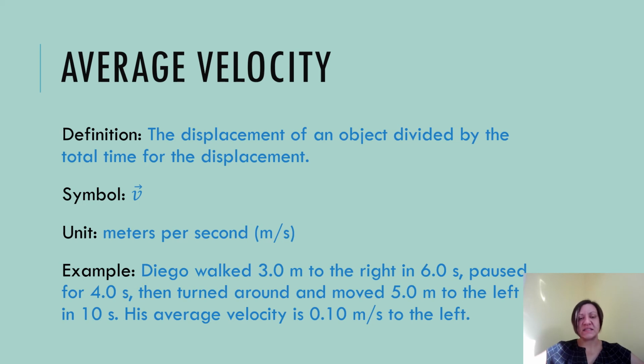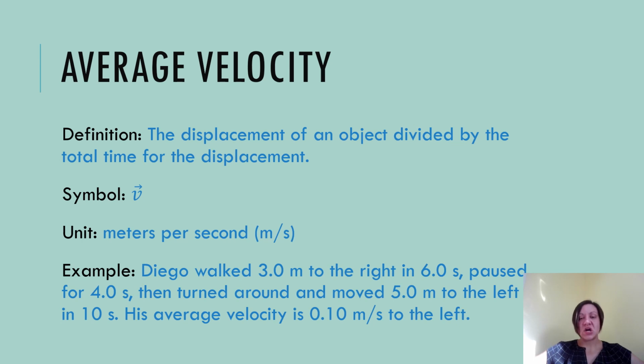We're going back to that idea that Diego walked 3 meters to the right in 6 seconds. He paused for 4 seconds and then turned around and moved 5 meters to the left in 10 seconds. His average velocity, it says, is 0.1 meters per second to the left. So thinking about how we got there, we took the displacement.